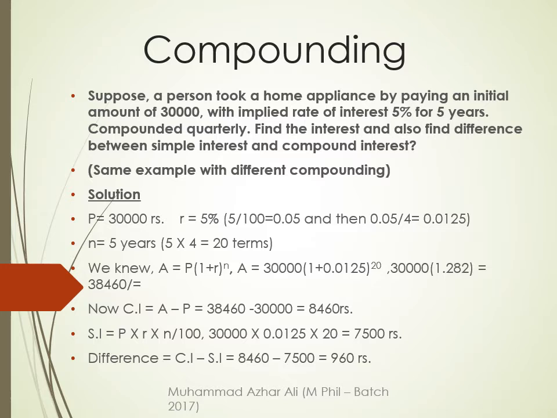When we calculate the simple interest, it will become 7,500 rupees again with this quarterly compounding. Now the difference will be 960 rupees.